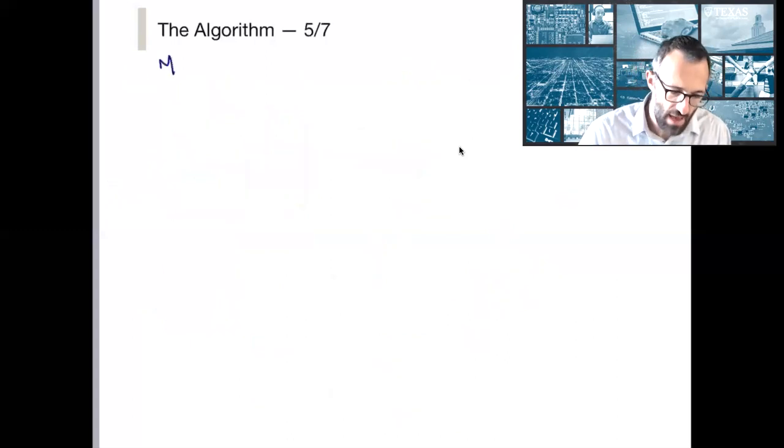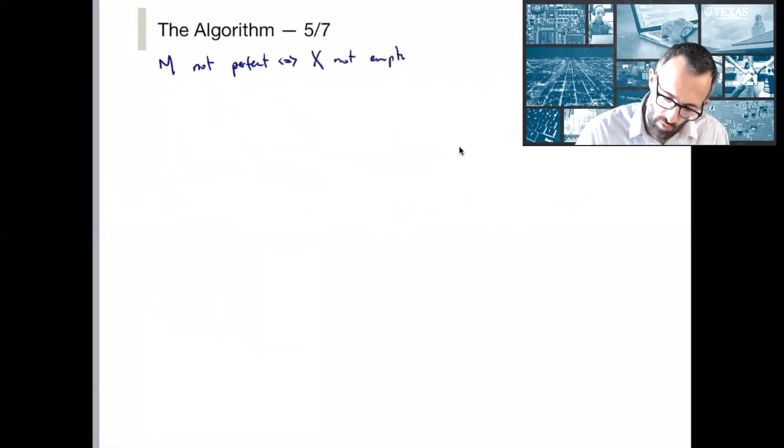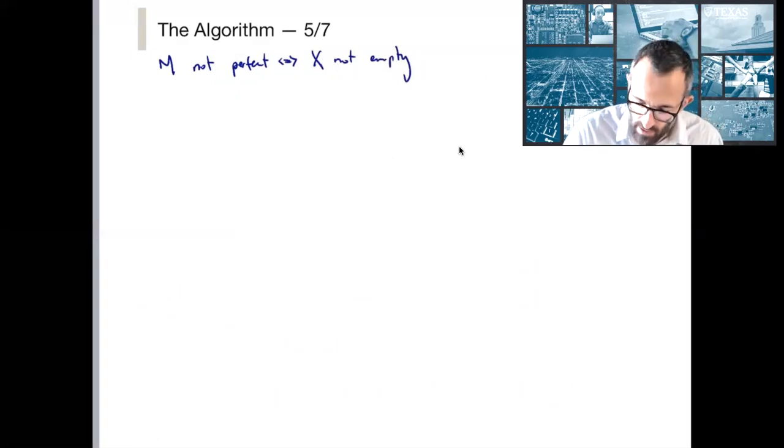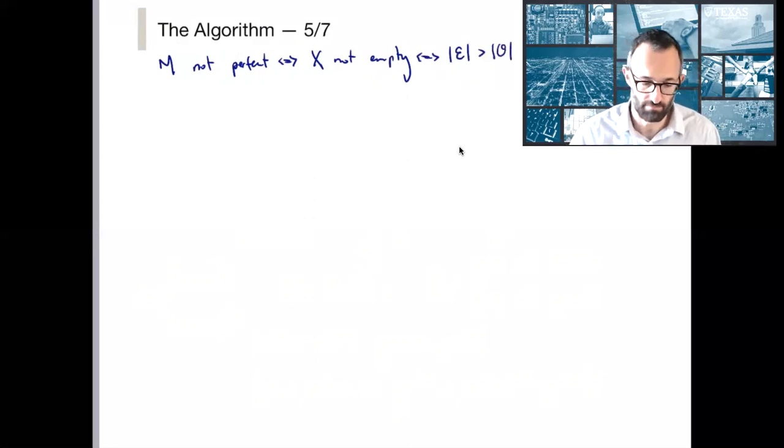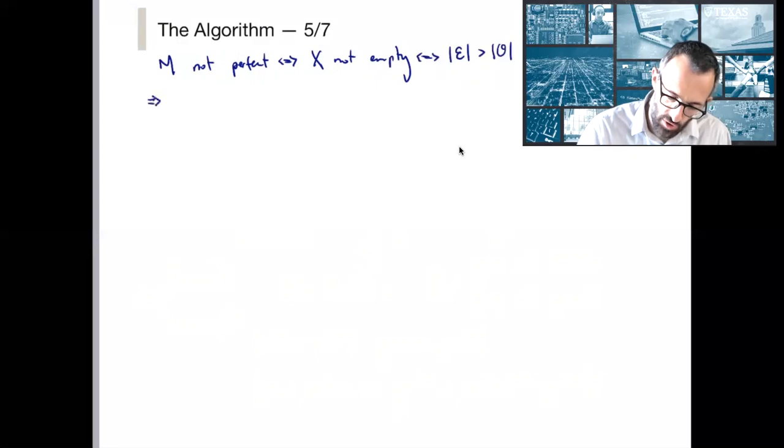So let's see what that is. So first of all, M is not perfect. What does that mean? This is equivalent to the fact that X is not empty, which we know is equivalent to writing that there are more nodes labeled E than there are nodes labeled O. So what does that imply in turn? What happens to the dual objective value?